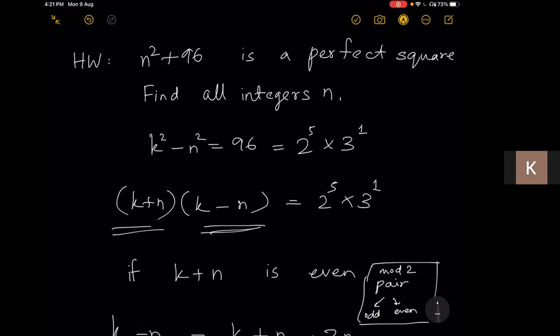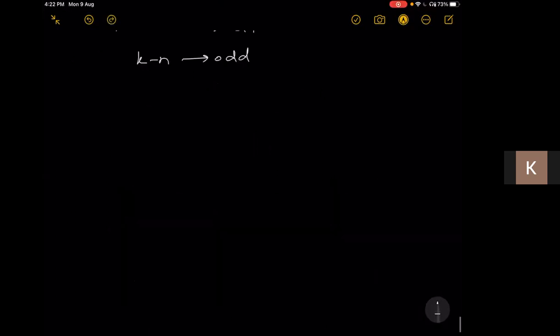Now if these are both odd, then this factorization cannot be achieved, because there is a 2 to the power 5 here. So this is not possible. k plus n equal to 32, k minus n equal to 3: this case is invalid.